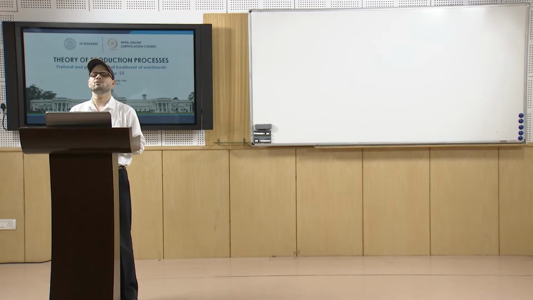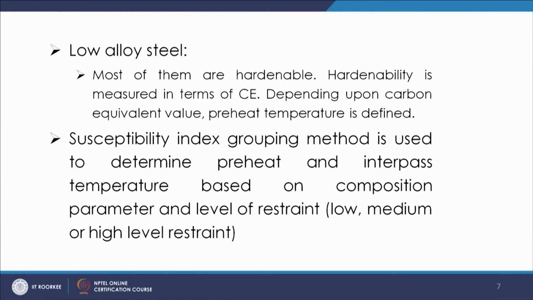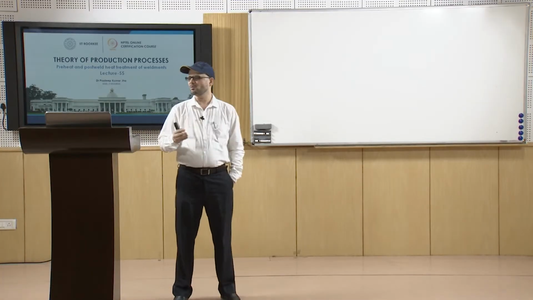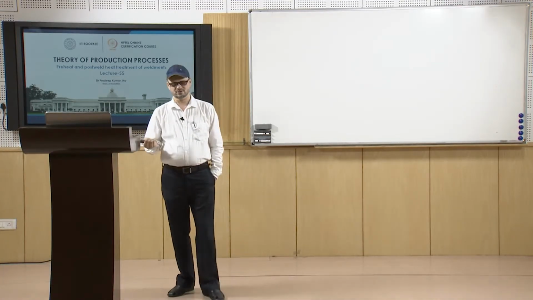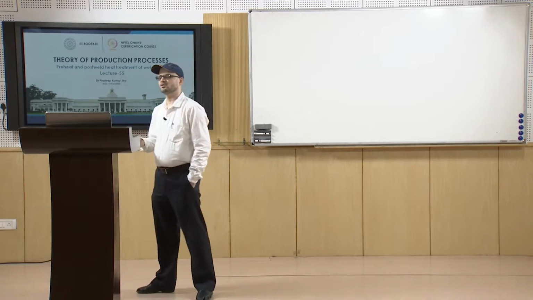Now, if we talk about low alloy steels, most of them are hardenable. Hardenability is measured in terms of CE, the carbon equivalent. When we talk about low alloy steel, you have alloying elements of around 5% or less.